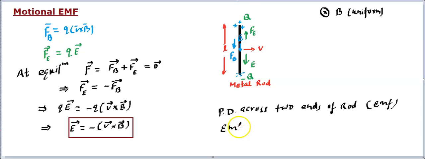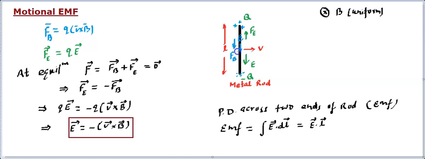So this EMF is equal to the integration, this potential difference, we write integration of E dot dl, if you remember, right? Now you'll find this E is a constant, and that can be taken outside. Dot dl, and the integration of dl will lead to this L. Now what this L means depends on which is positive and which is negative, that's up to us.